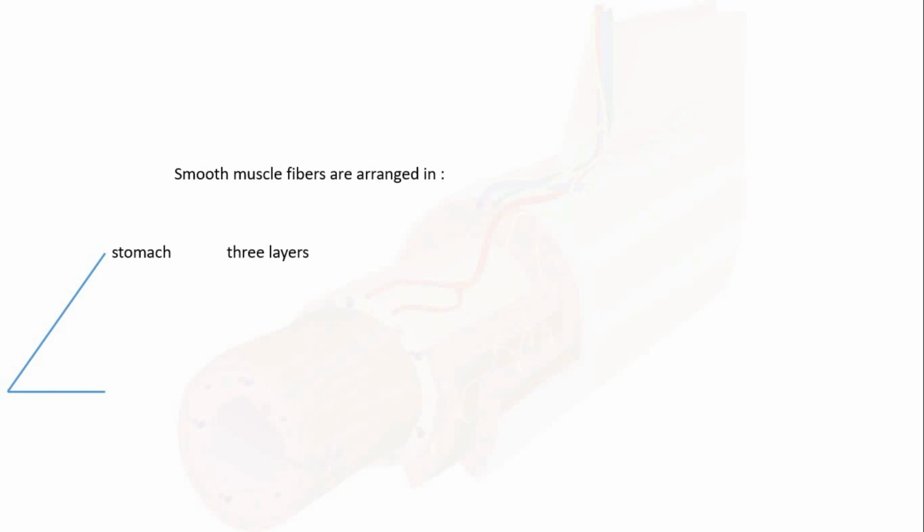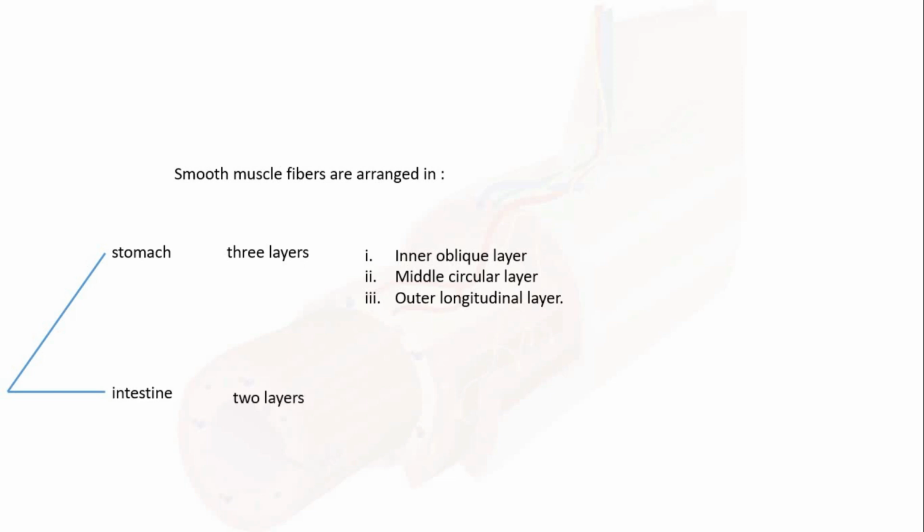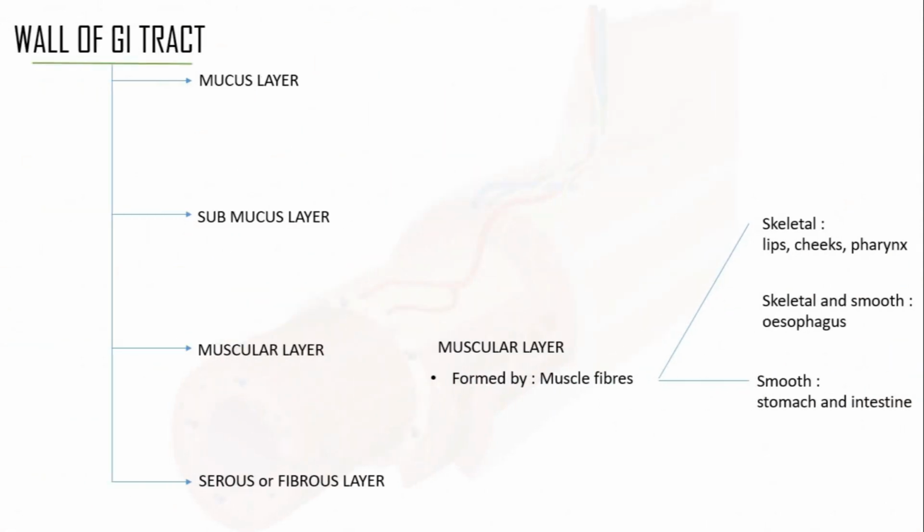Smooth muscle fibers in the stomach are arranged in three layers: inner oblique layer, middle circular layer and the outer longitudinal layer. In the small intestine and the large intestine, it's arranged in just two layers: inner circular layer and the outer longitudinal layer. Next is the serous or the fibrous layer.